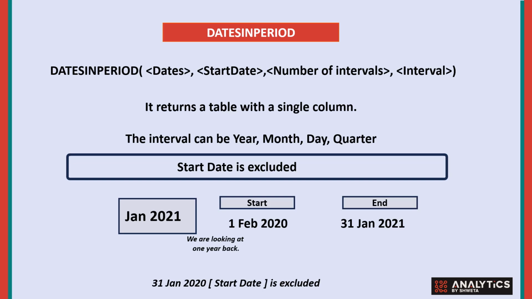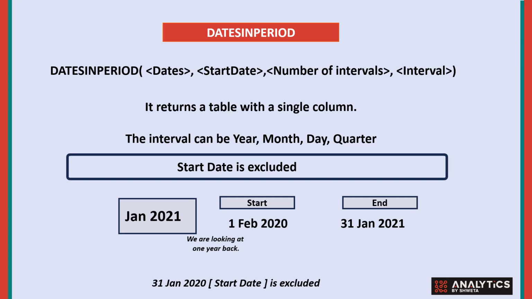DatesInPeriod will return us a table with a single column. Now, we get a start date and an end date when we are using DatesInPeriod. It is looking at a particular period of dates and the start date is excluded in it. For example, if we are looking at a year back, Jan 2021 will give us 1st Feb 2020 to 31st Jan 2021.